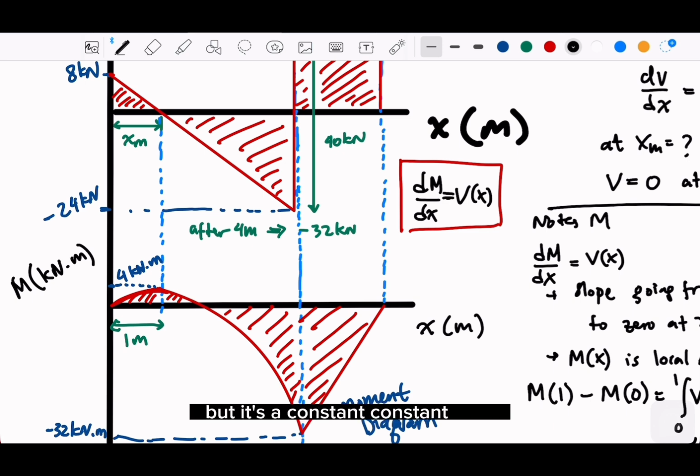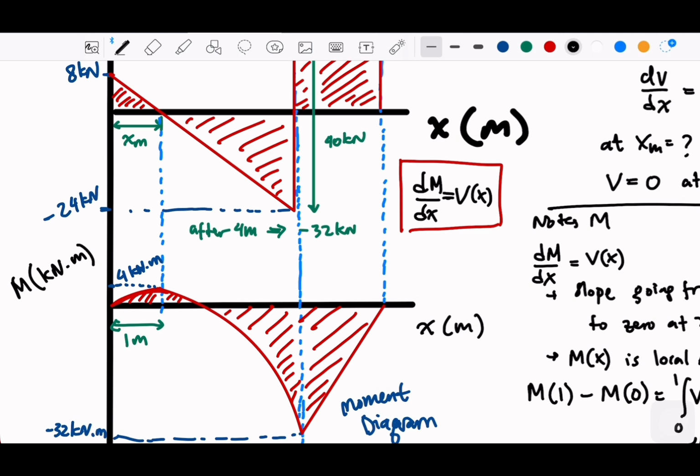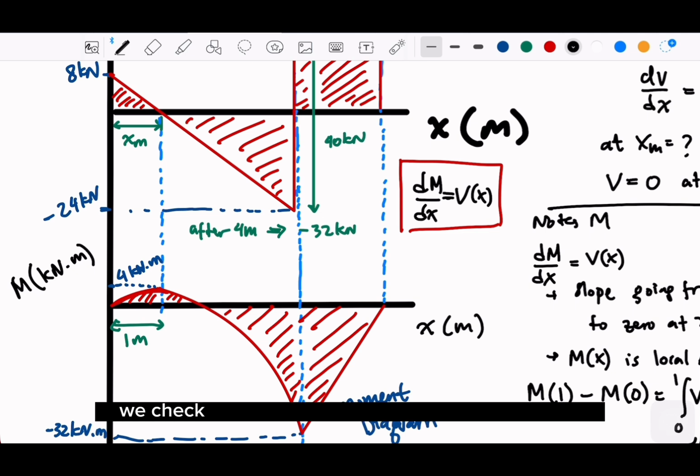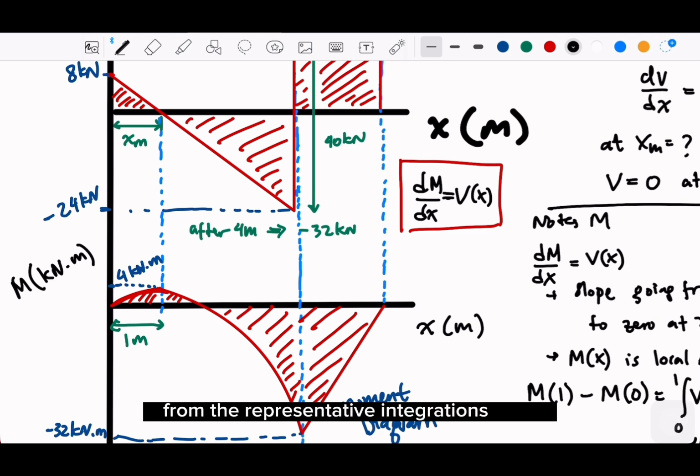It's changing slope, but it's still positive slope, so we still have a positive on the upper side, but we don't know whether it goes up or down. But here it is changing from positive to negative. So we can check from our line, and I think in all the cases it's matched up, right? It's matched up. Okay. From the derivative and integrations.